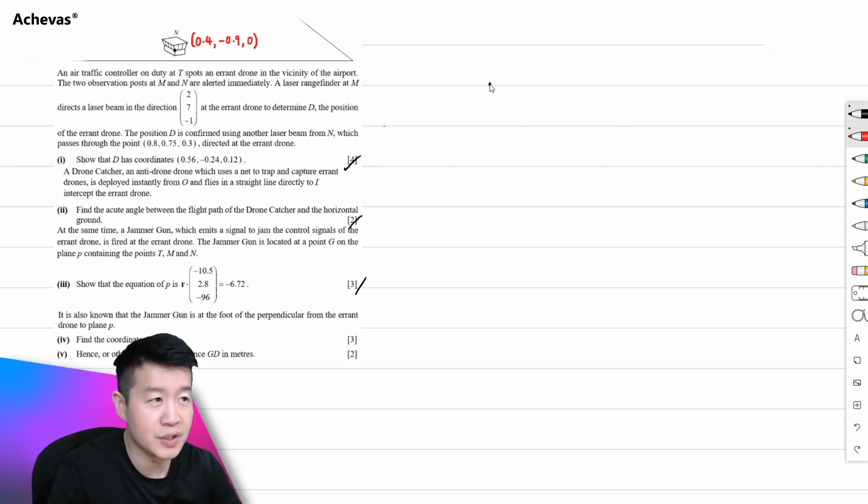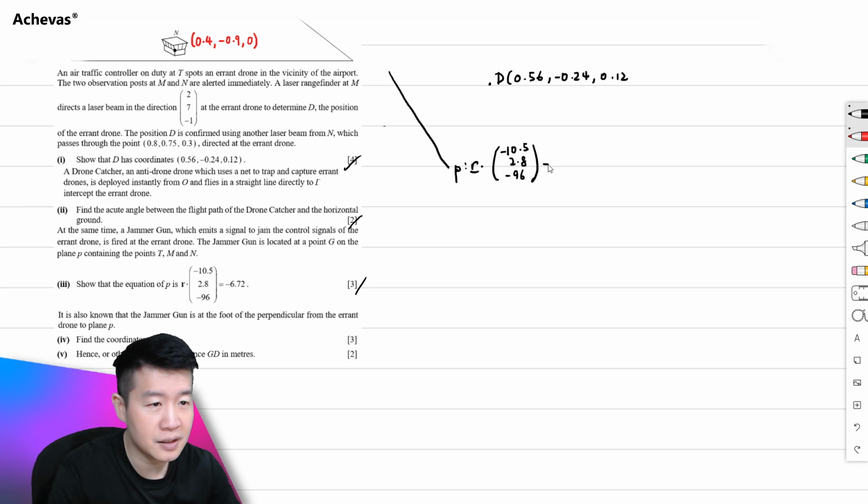So the drone, which is at D, has coordinates (0.56, -0.24, 0.12), and the plane is r dot (-10.5, 2.8, -96) equals negative 6.72. So G will be here. This will be point G.